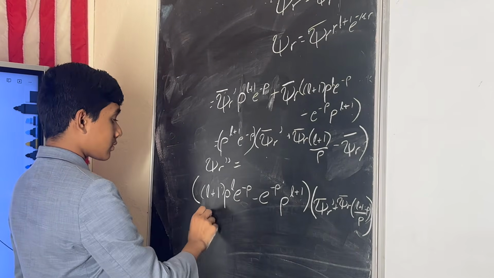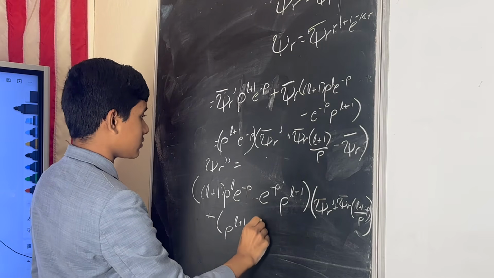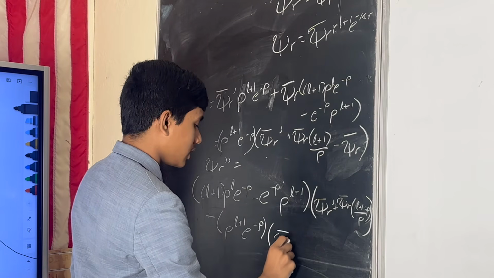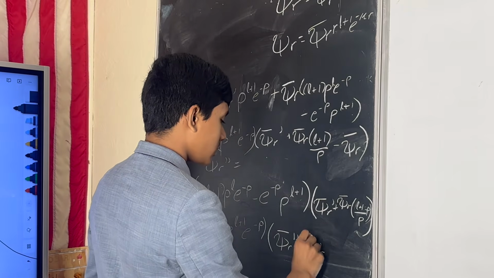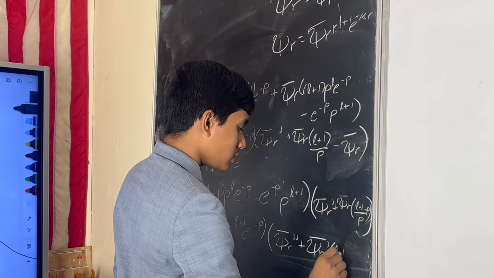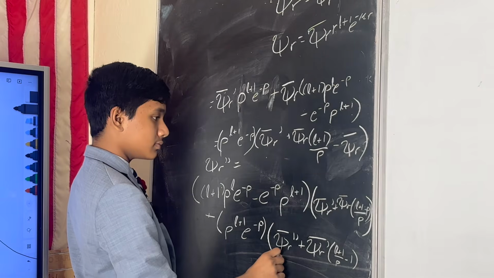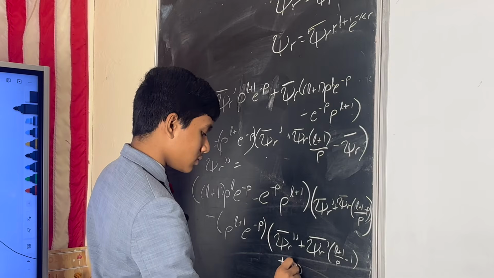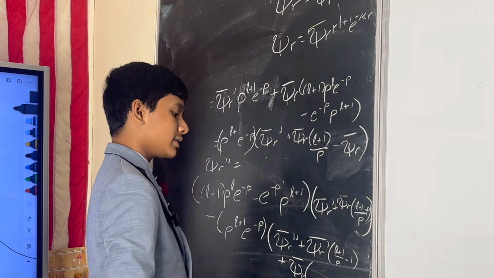And the other term is rho^(L+1) e to the minus rho times, what's the derivative of this? Well, it's psi r overline double prime plus psi r overline single prime times (L plus 1 over rho minus 1) plus psi r overline multiplied by what happens when you take the derivative of this.